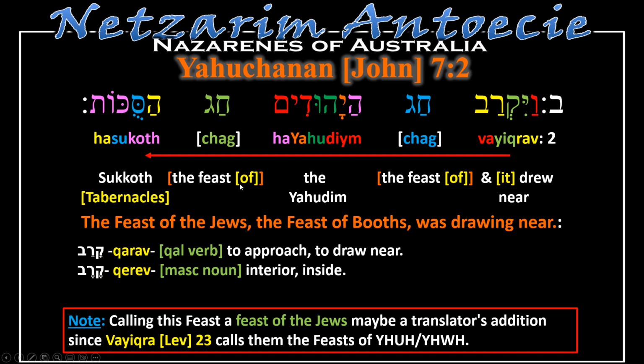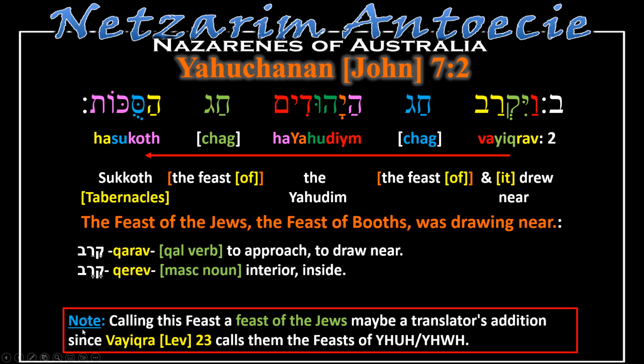Chag, the feast of Ha-Sukkot, of Sukkoth, Tabernacles. So the feast of the Jews, the feast of booths, was drawing near. And we have karav, which is a kal verb, to approach, to draw near, and we have kerev, the form where it's a masculine noun, and it means interior or insides.